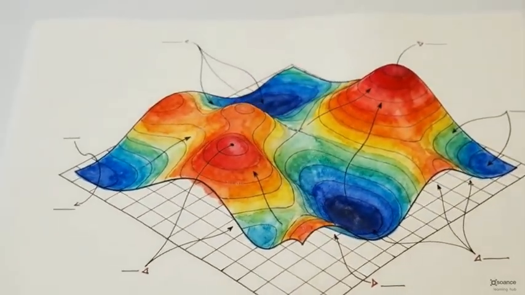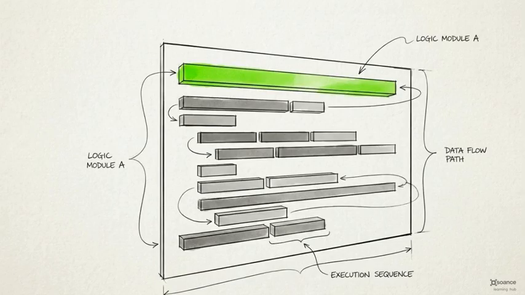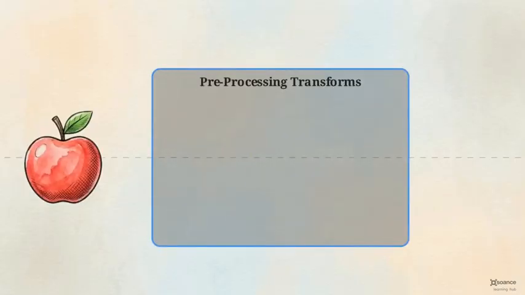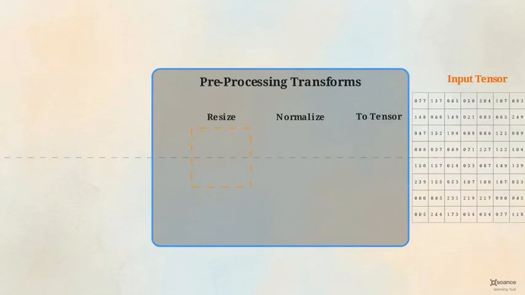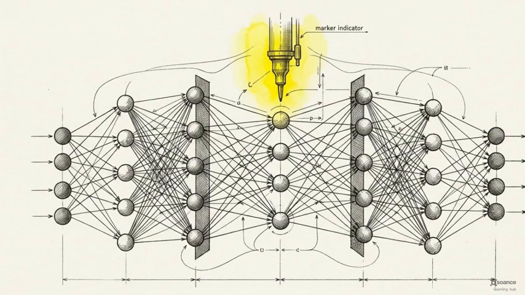To execute this in PyTorch, we start by loading a pre-trained ResNet34 model. We then set up a series of pre-processing transforms to resize and normalize our input image, converting it into a tensor ready for inference. Before we run the data through, we have to decide where to intercept our gradients.